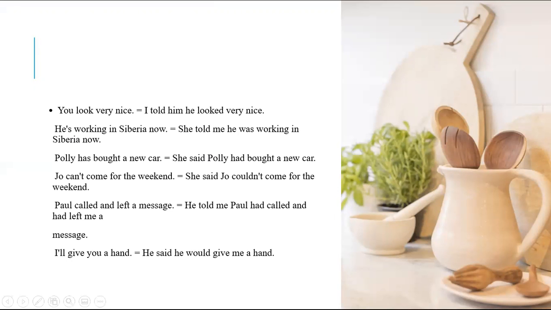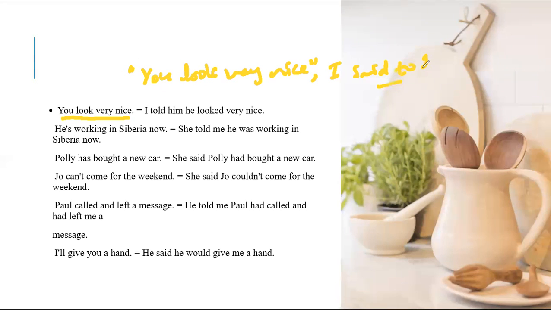Okay, here are some more examples. You look very nice. I told him he looked very nice. So if you are saying it to someone, or you said it to someone, that you look very nice, probably it can be written like this: I said to him, "You look very nice."